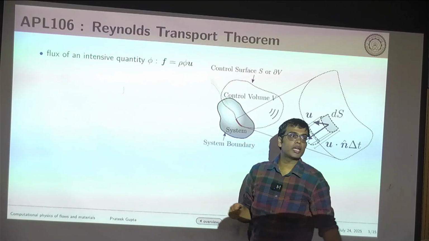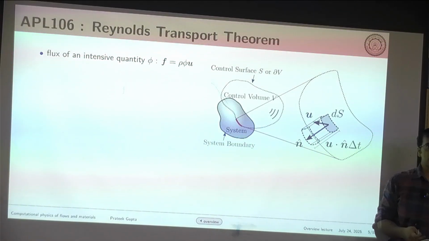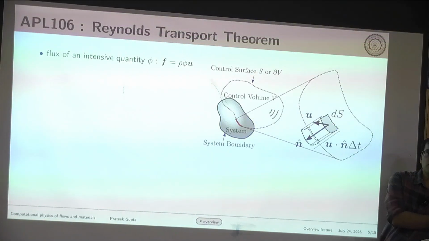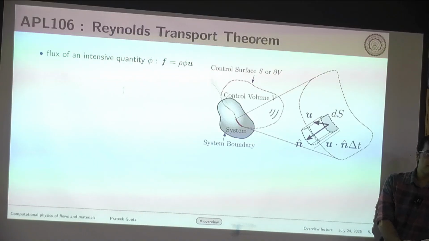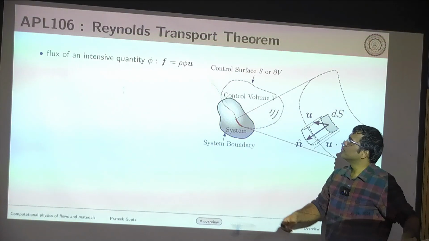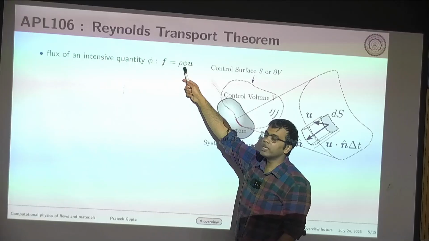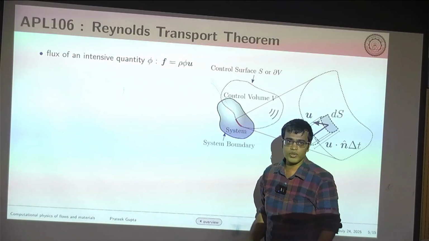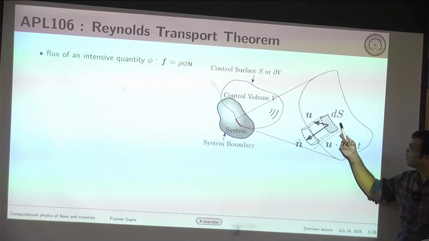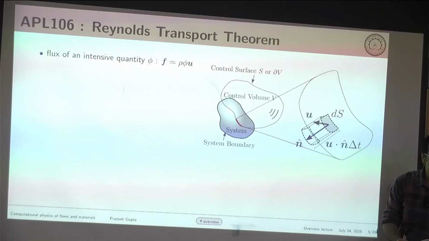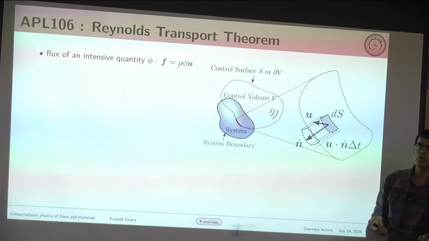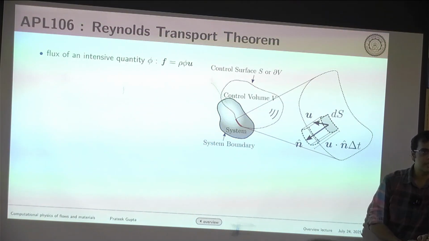Now, we are multiplying it with density. What makes rho phi? Rho phi is quantity per unit volume. Okay. You guys are going to have to focus way more than this. So, if phi is, let us say, momentum per unit mass, then rho times phi is momentum per unit volume. Okay. And then when you multiply it with the volume of this hypothetical cylinder that has come out, then you get the total amount of quantity that has come out of this control surface. Okay.